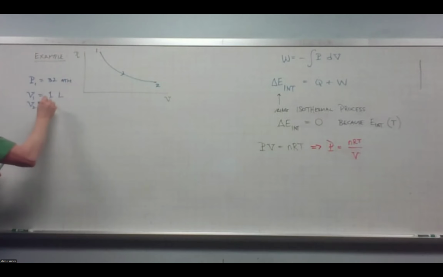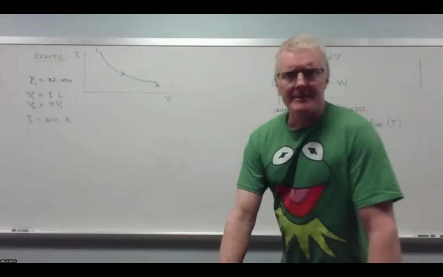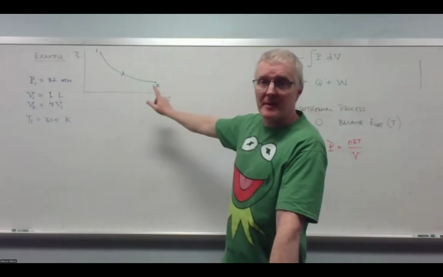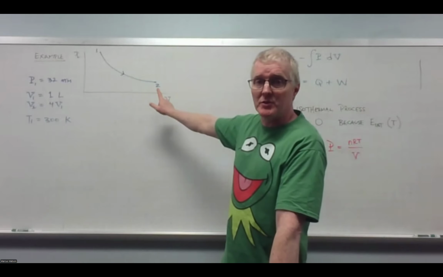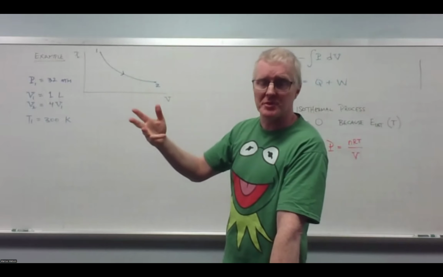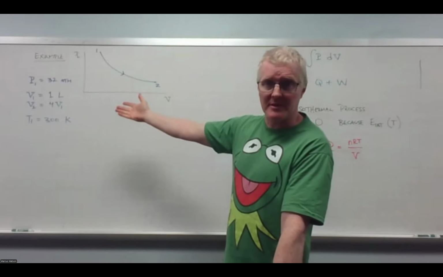V2, 4 V1s. And T1, 300 Kelvin. Maybe that's better. Okay. Question is, I want to find out some stuff about the final state right here. V2, I kind of know what that's going to be, but what is pressure number 2? What's temperature number 2? How much heat was transferred in this process?